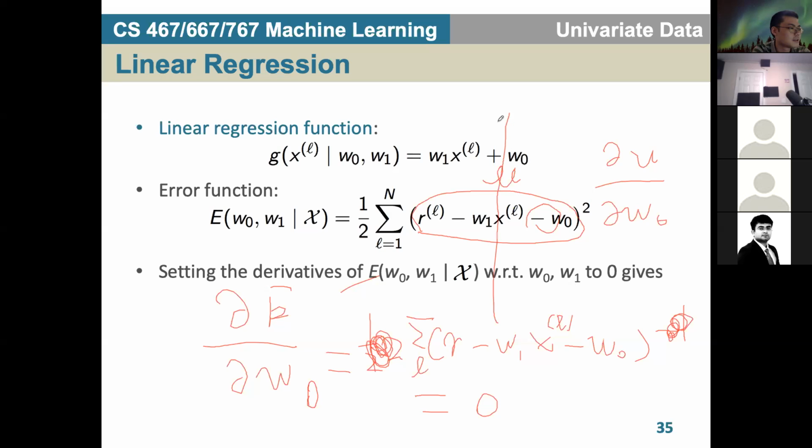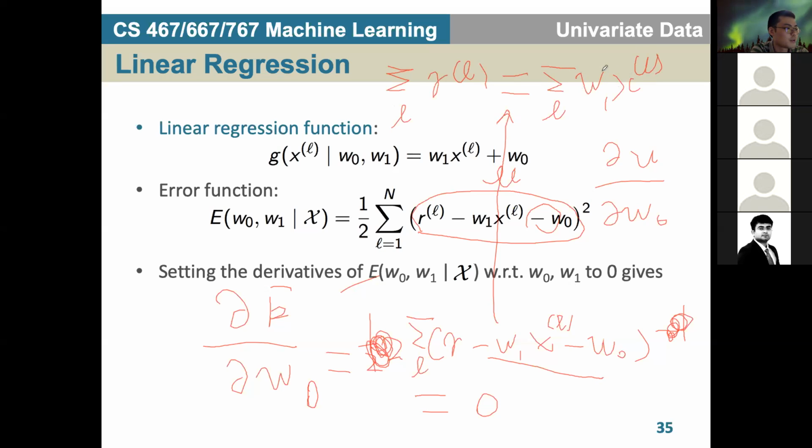This term is basically the summation of L, y_L. You can move these two terms to the right-hand side, then it becomes the summation of L, w1 x_L.